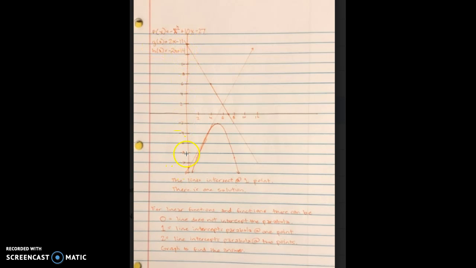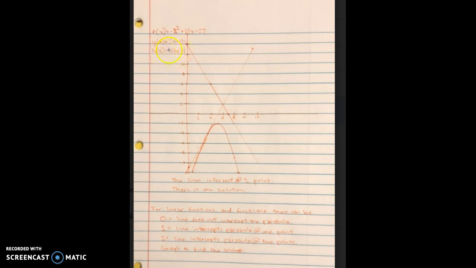Negative 11 is my y-intercept, and then about 5.5 is my x-intercept for this line. For this line, it's negative 2x plus 14. So 14 is my y-intercept, and about 7 is my x-intercept. So those two lines cross. This line, which is this one right here, does not touch my parabola.